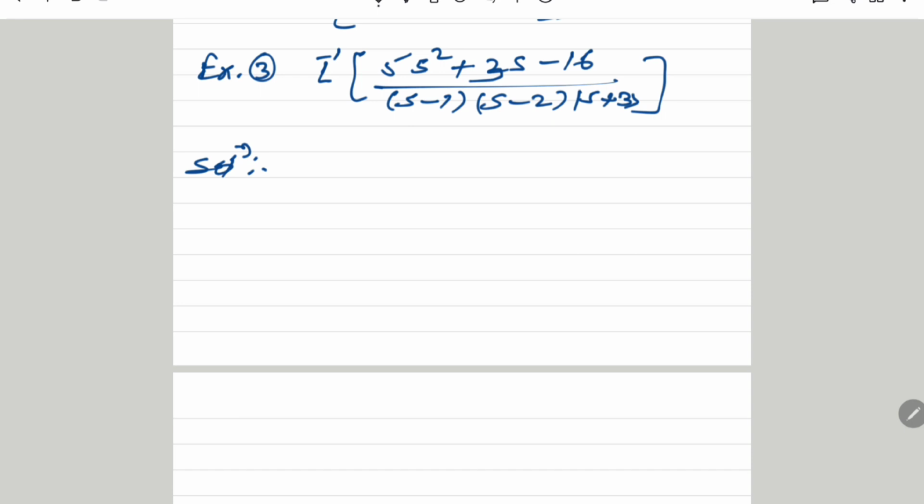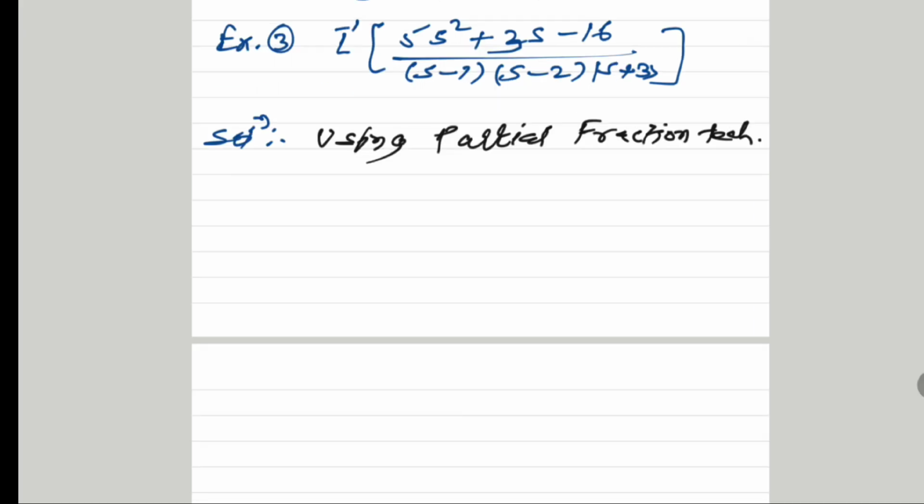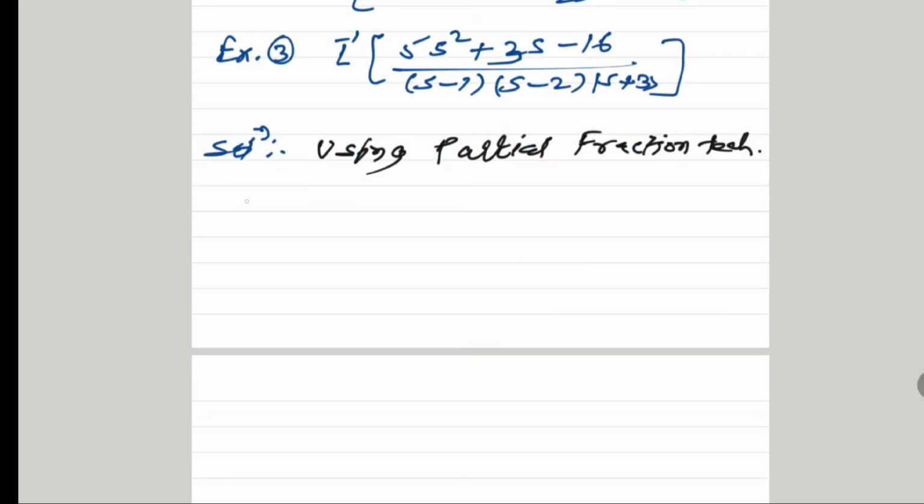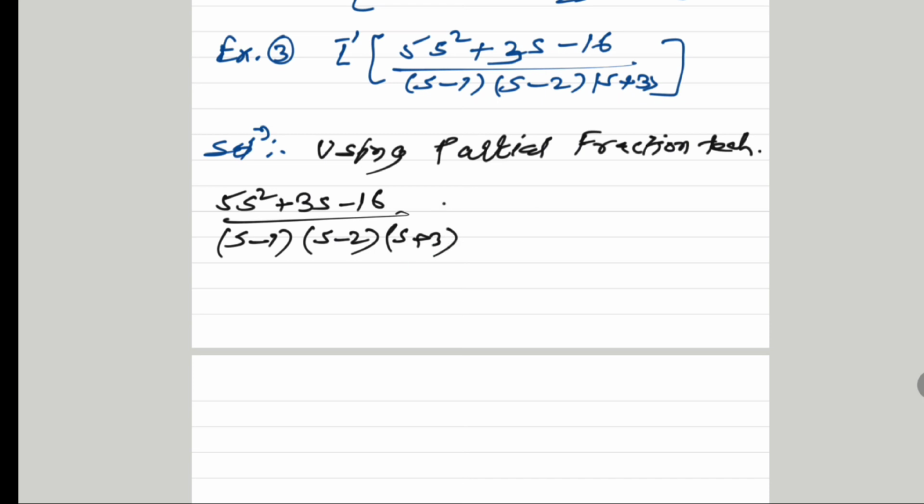And as it is a proper fraction, using the partial fraction technique, all factors are real and different, Case 1, and as per that case, we can rewrite that term 5s square plus 3s minus 16 whole divided by s minus 1, s minus 2, s plus 3 as A upon first factor, B upon second factor and C upon third factor.